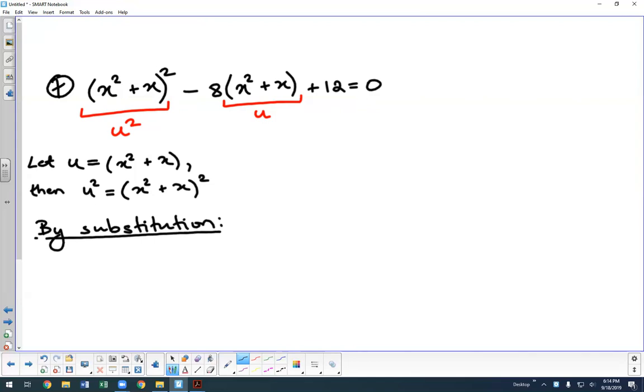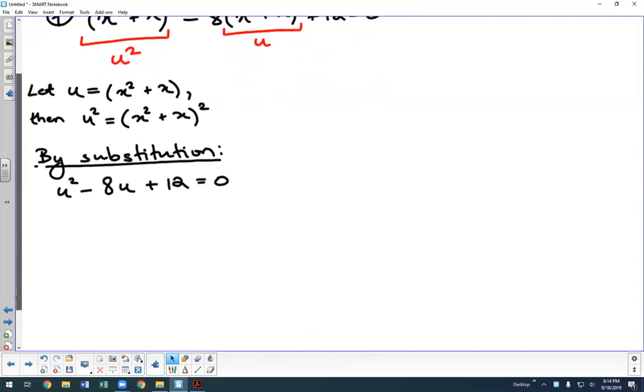We will have u squared minus, so we have that 8 which is still left behind, so that's going to be 8 times u, 8u plus 12 equal 0. I would again recommend factoring, but like I said, your quadratic formula will also work because these are equations in a quadratic form.